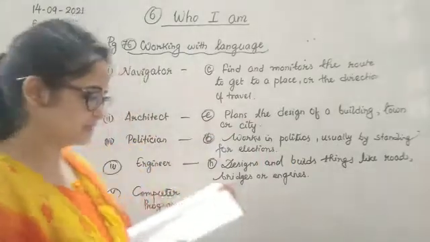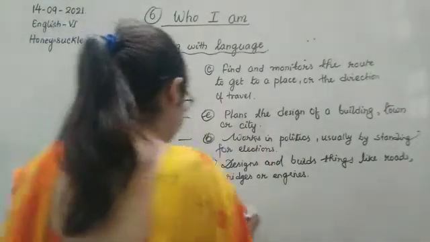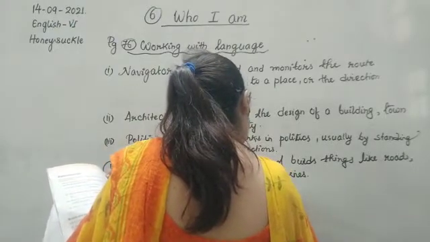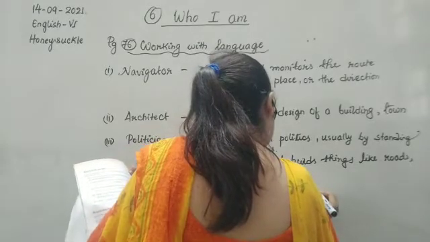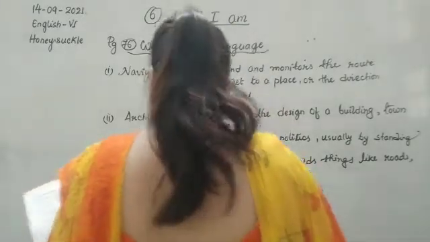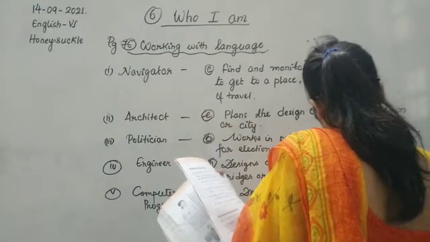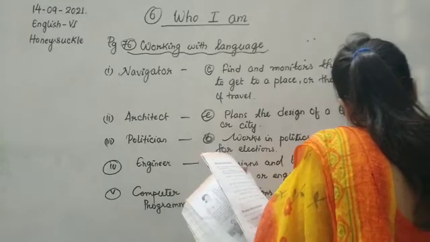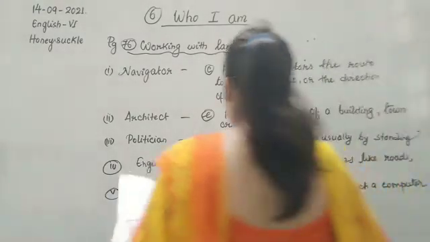So let's write it down. Answer will be J. Designs the system by which a computer runs or gives information.